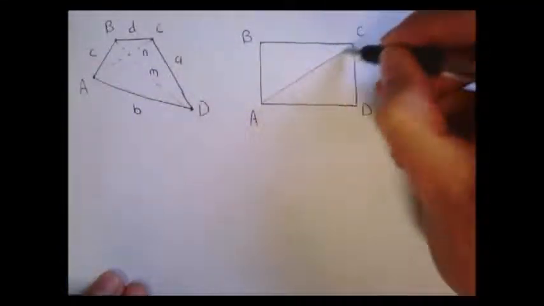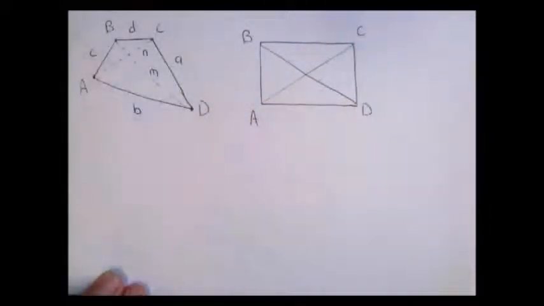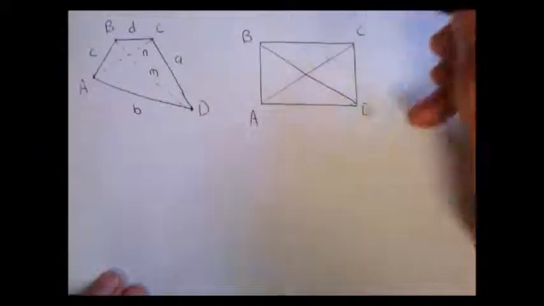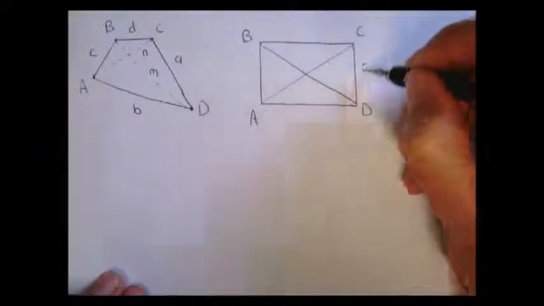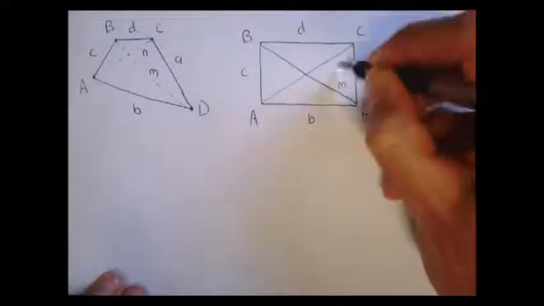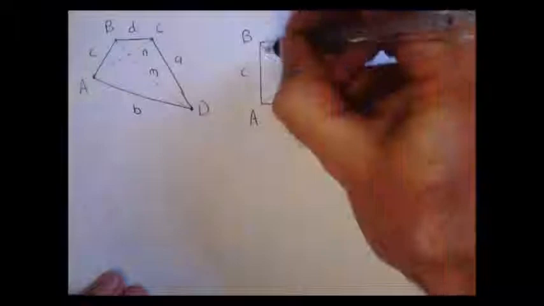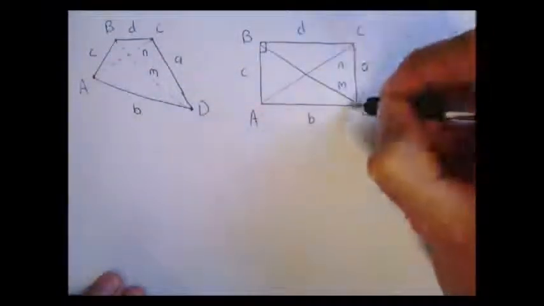So here is our rectangle. We're now saying, is there a relationship between the sides of a rectangle and the length of the diagonals? So let's do the same labelling as before, M and N. The important thing about this is that I can see that I have some right angles.